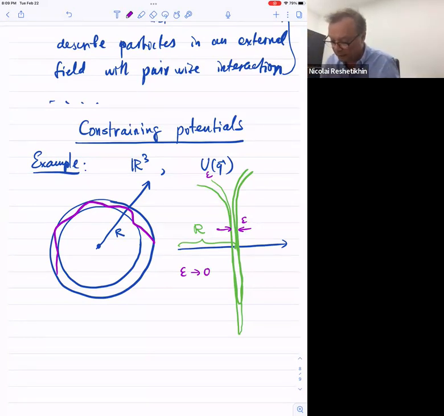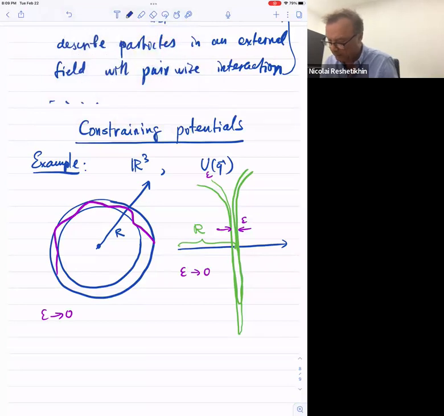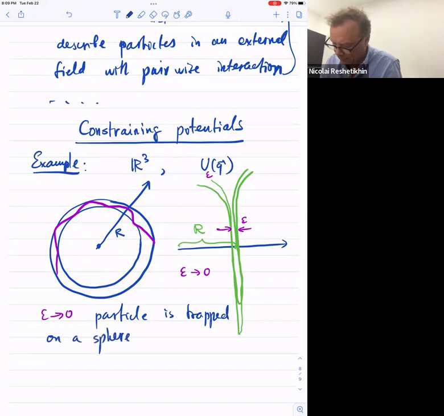So at the end of the day, when epsilon is 0, and I don't have the guts to say epsilon is 0 because it's really the limit, epsilon to 0, the particle is trapped on a sphere.